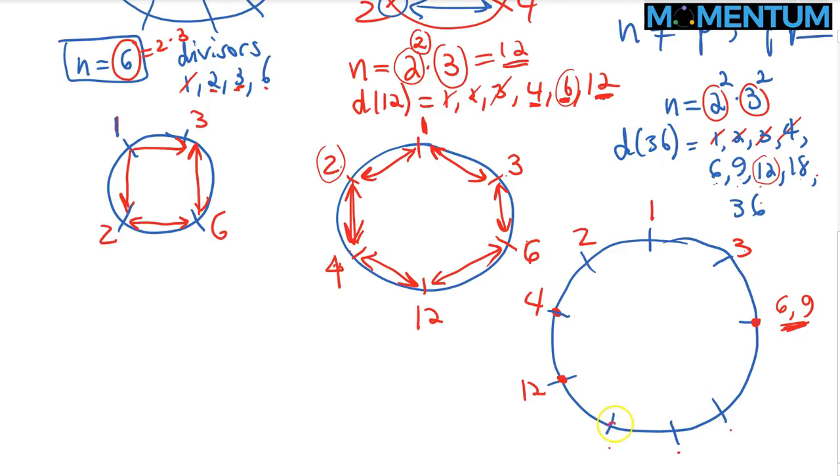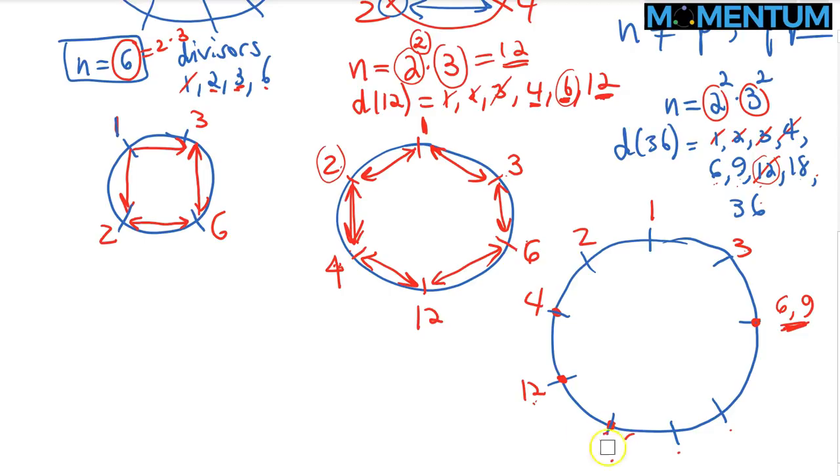Okay, next, because I used 12, intuitively I kind of feel like I have to slip in the 36 right now, but I can actually put either 36 or a 6.